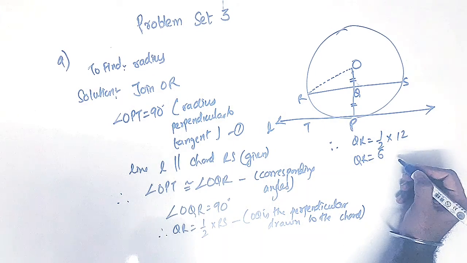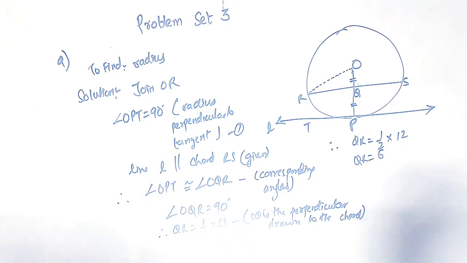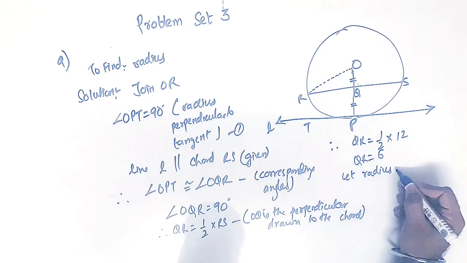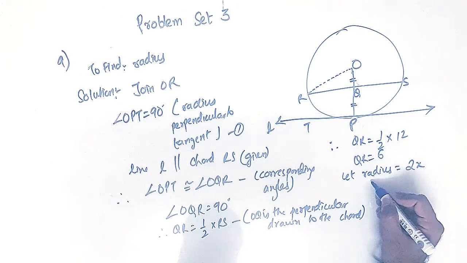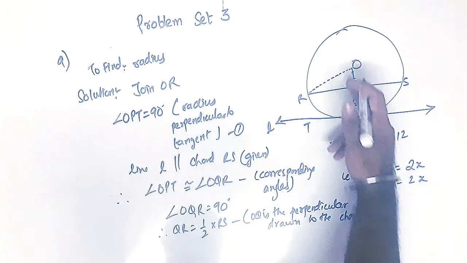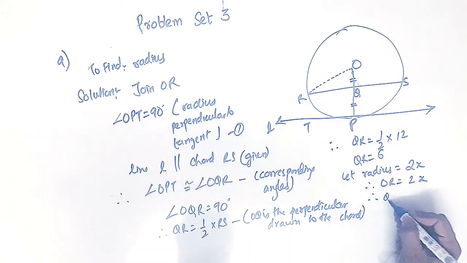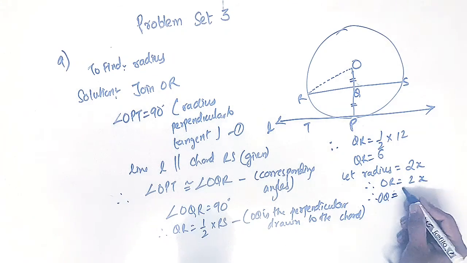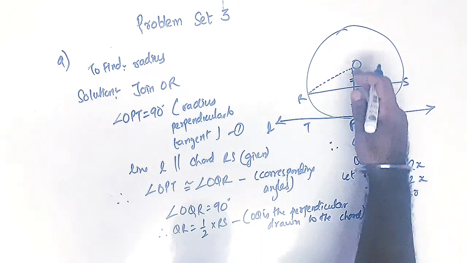Okay, centimeter is not given, so I will not write centimeter. QR is 6. Okay, so I'll take let radius be equal to 2x. Therefore OR is equal to 2x, correct? And OQ is half of radius, correct?